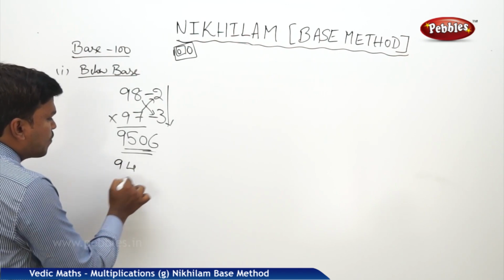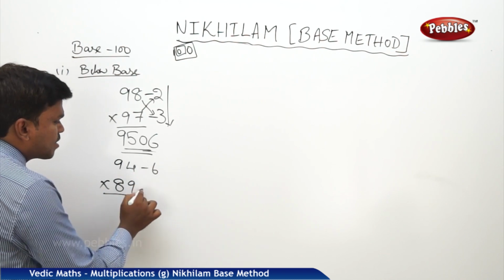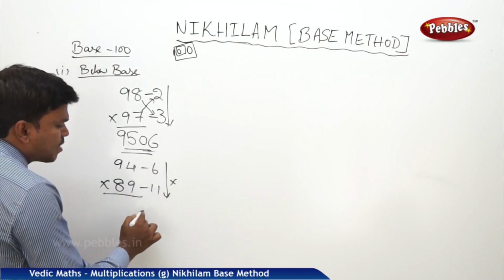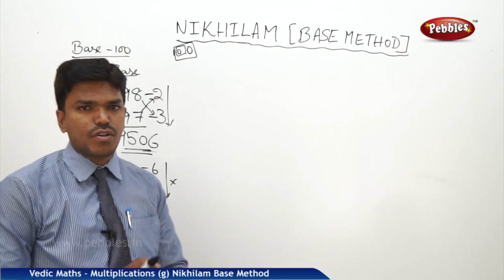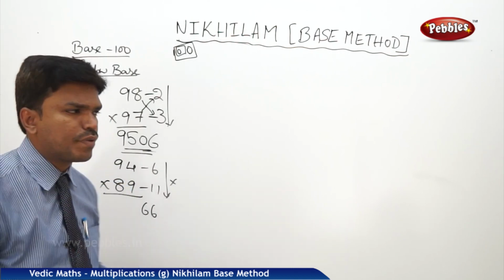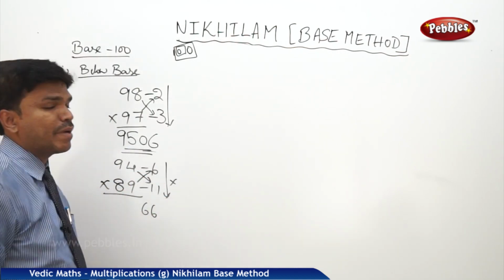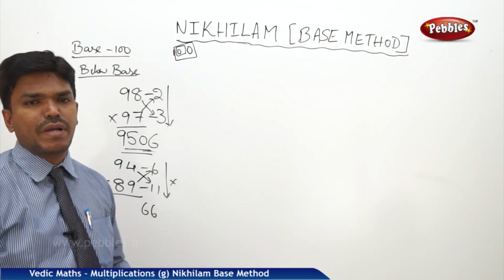Let us take 94 into 89. So here it is minus 6, here it is minus 11. First you need to multiply: minus into minus is plus, 6 11s are 66. So the right side part of the answer is going to consist of only 2 digits. There is no problem with this one. Now 94 minus 11 or 89 minus 6. Cross subtraction. Why? Because there is a minus symbol. Why?